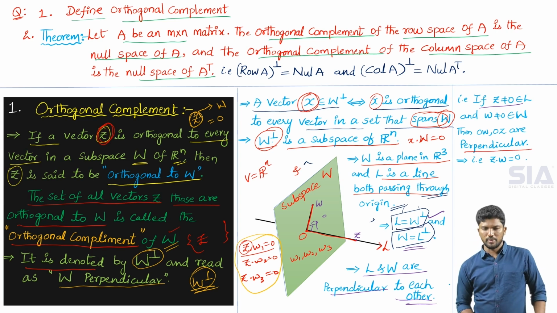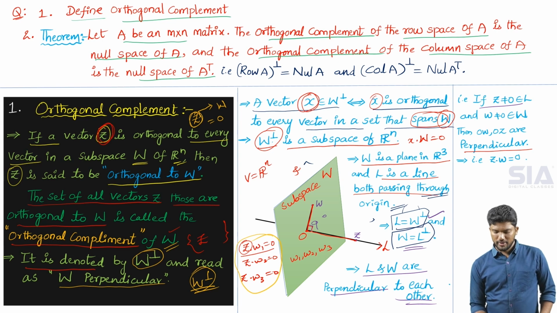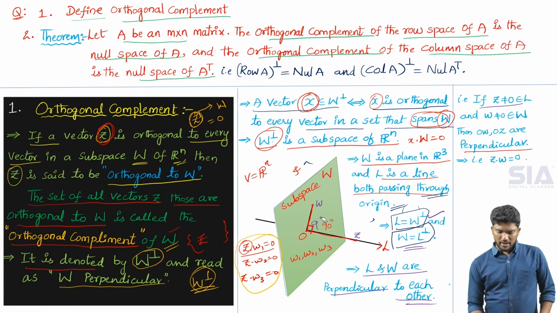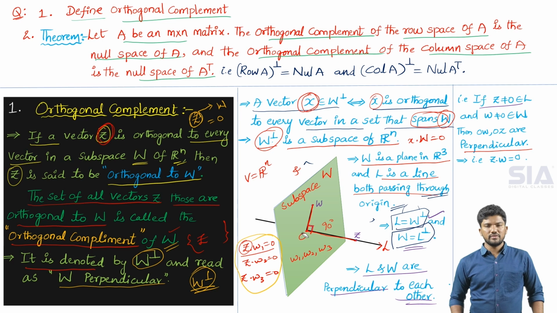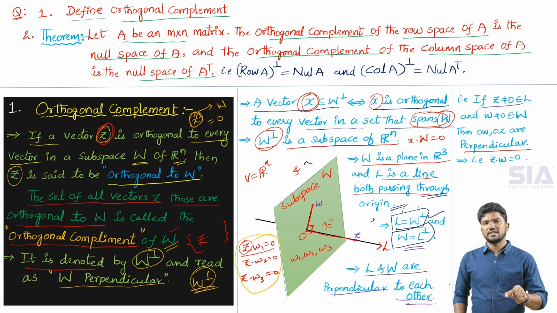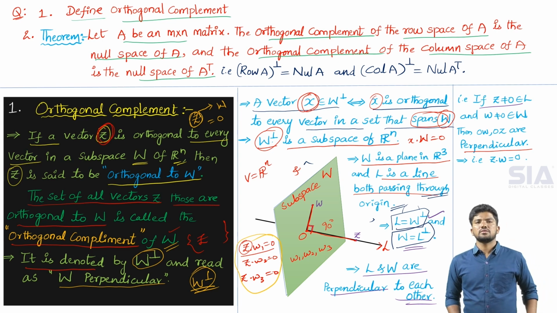Those two segments are perpendicular. Why? Because the angle between them is 90 degrees. So when the angle between them is 90 degrees, both vectors or both segments are perpendicular. According to the definition, if those two vectors are perpendicular, their inner product value is equal to 0.